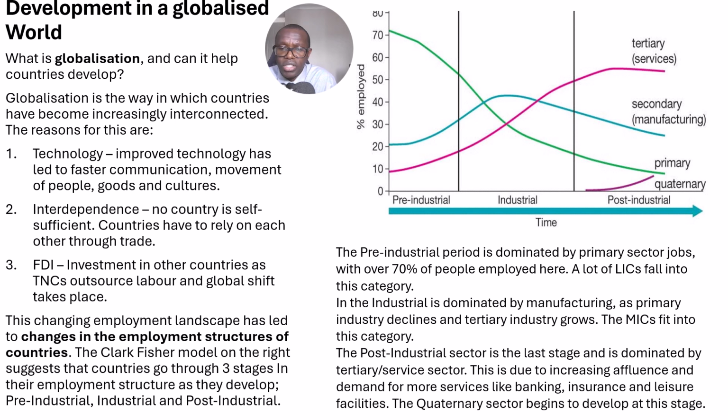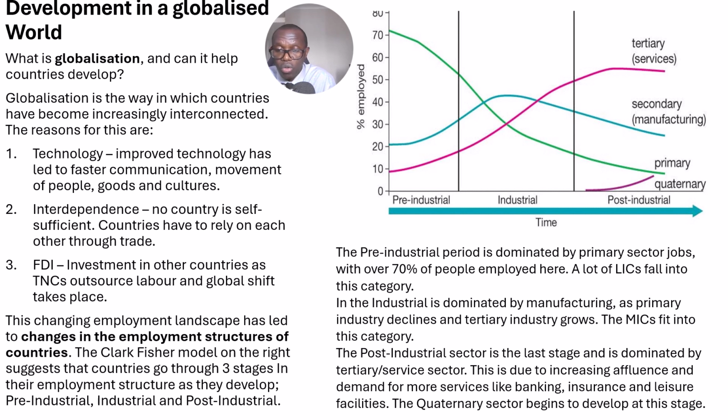Then the last stage is the post-industrial stage. And during this stage, the largest sector now is the tertiary or the service sector. And at this time, the primary sector continues to decline, and the secondary sector, or the manufacturing sector, is declining as well. Now, the secondary sector here going down can be explained by a shift in where the manufacturing is taking place.